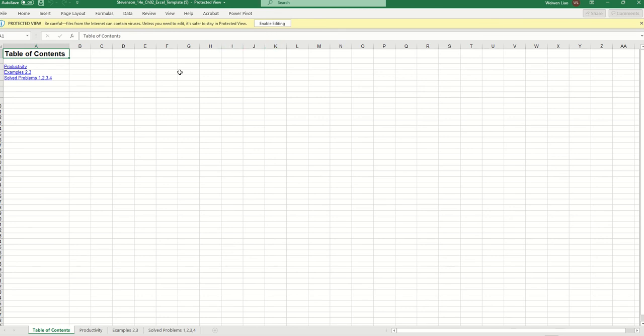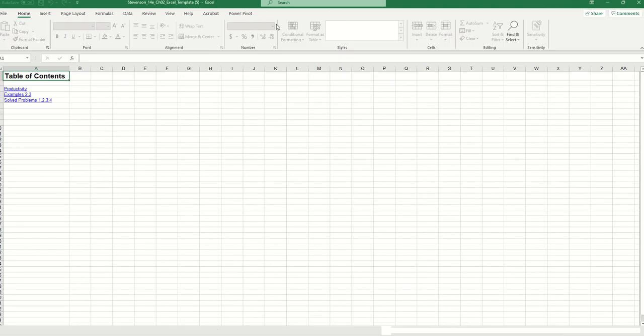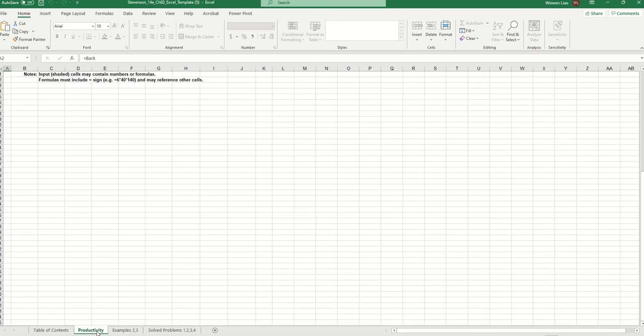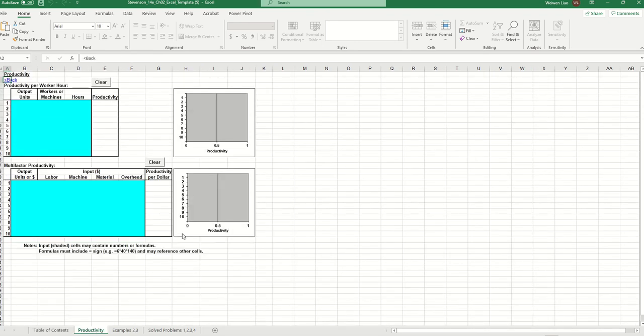Okay, so this is my downloaded file. First, we need to enable editing. Then you can select the productivity spreadsheet by clicking this link, or you can directly select the spreadsheet here. You can see two tables here.